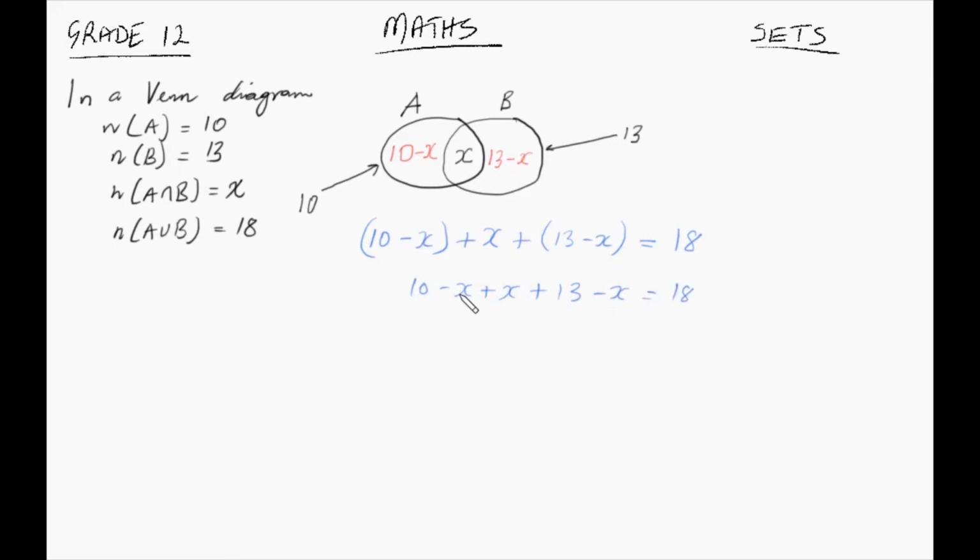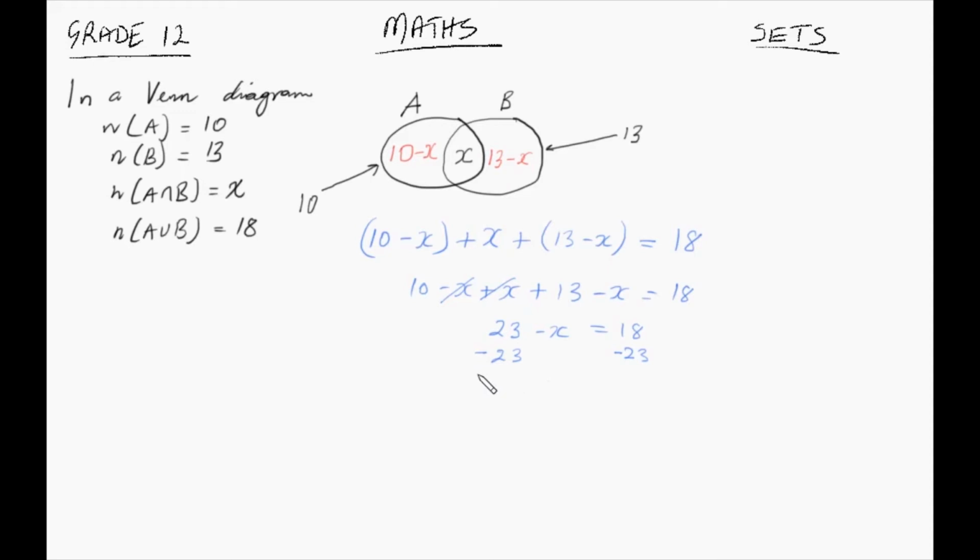So minus x plus x is 0, and we are left with 23 minus x equals 18. So what do we do? Let's subtract this 23 from this side, and subtract it from this side to balance.